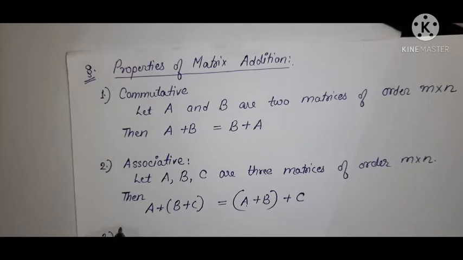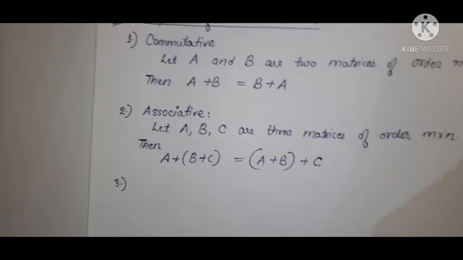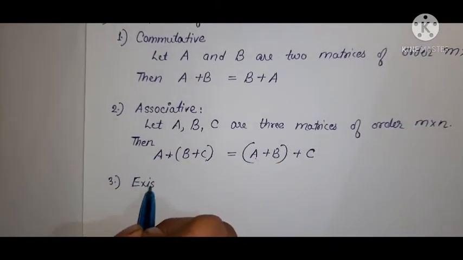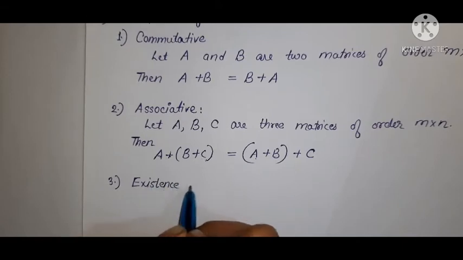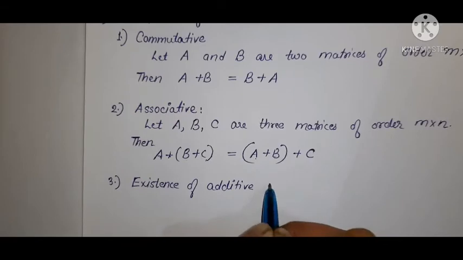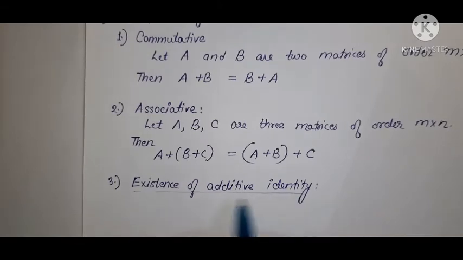The third one is existence of additive identity. In your last class, you all studied about this additive identity. We all know what the additive identity is.